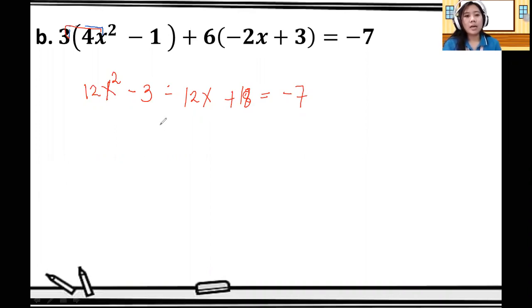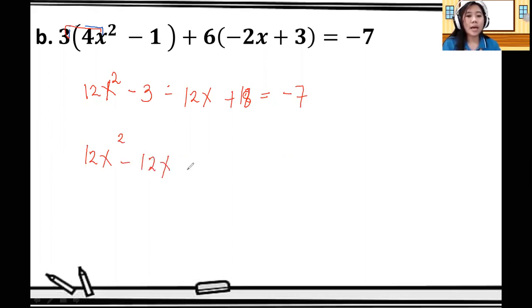Then now, let's arrange the equation. Okay, so let us transpose negative 7 to the left side of the equation. And by doing that po, i-arrange na rin po natin si equation natin. So, sa form of ax squared plus bx plus c. So, we have 12x squared minus 12x.